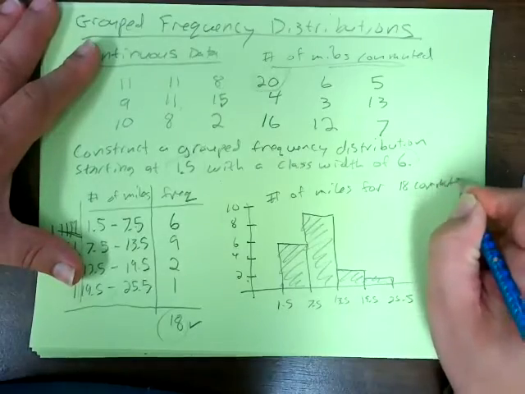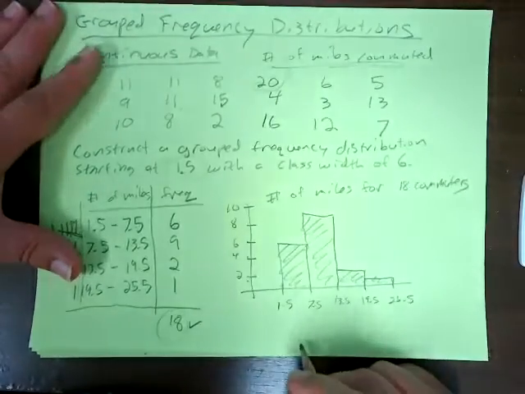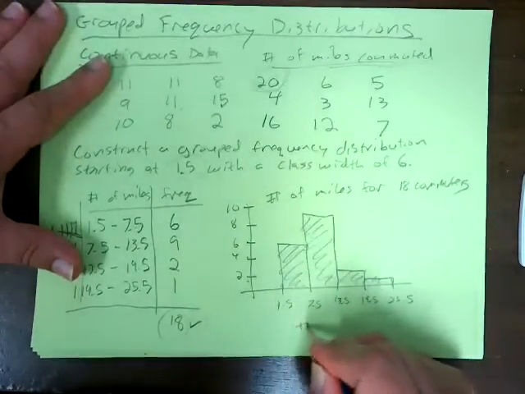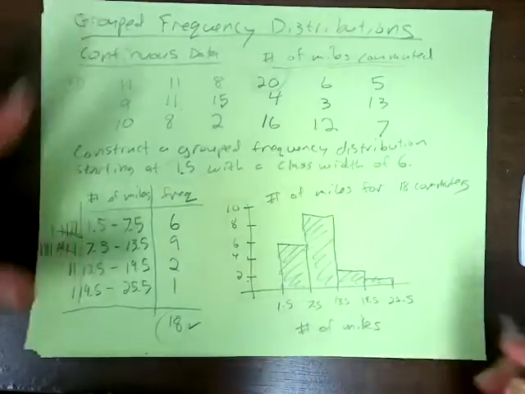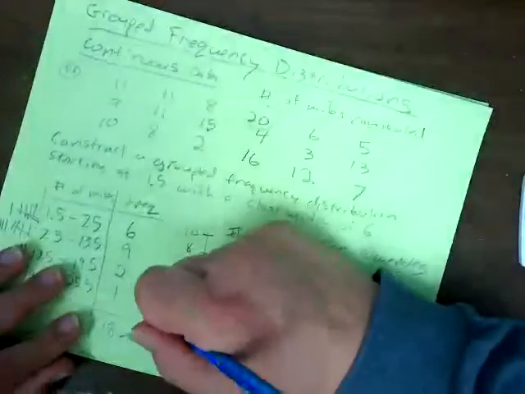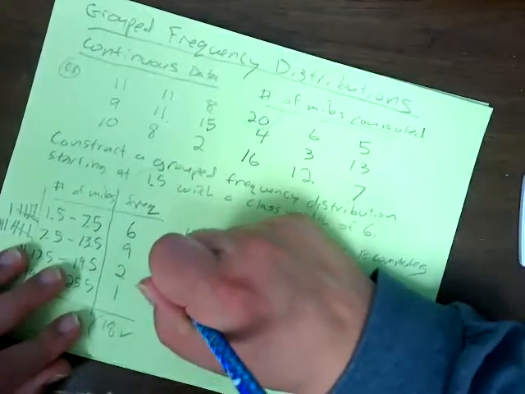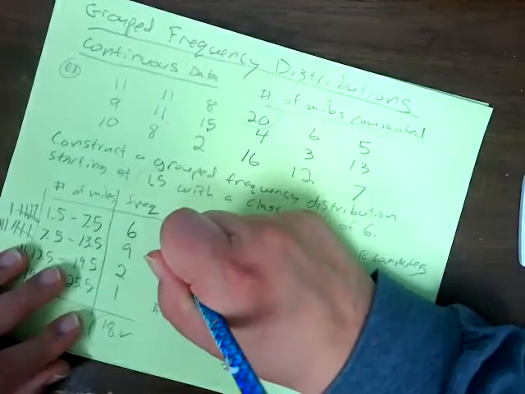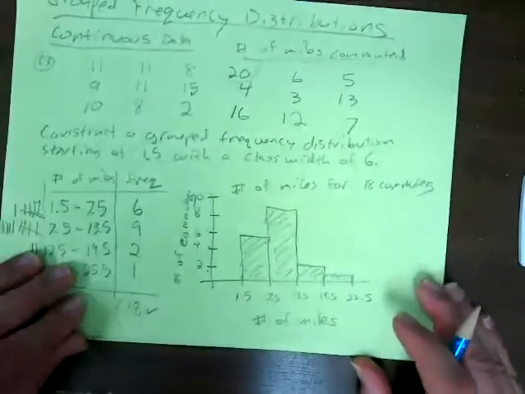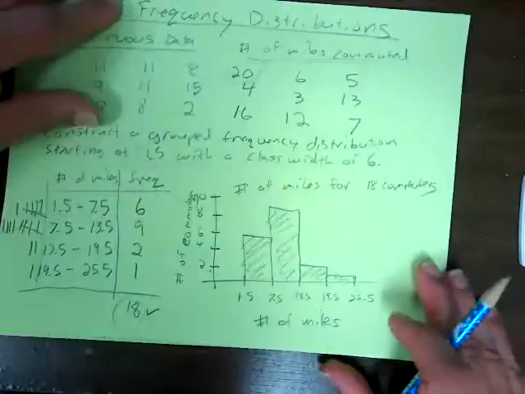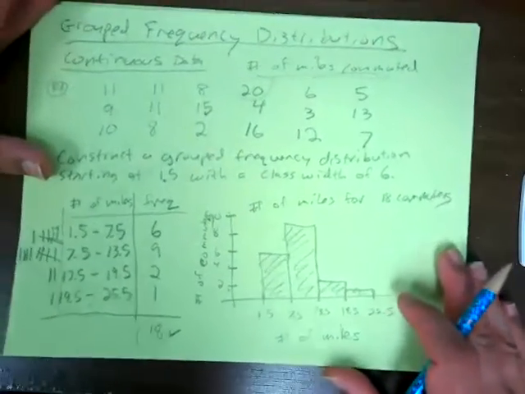How's that? Okay, and then this here would be number of miles. And of course this here would be number of commuters. Okay, and then there you got a histogram of the data set.